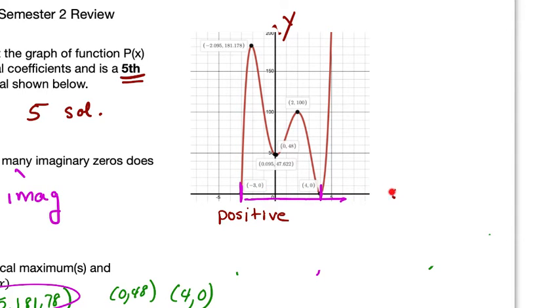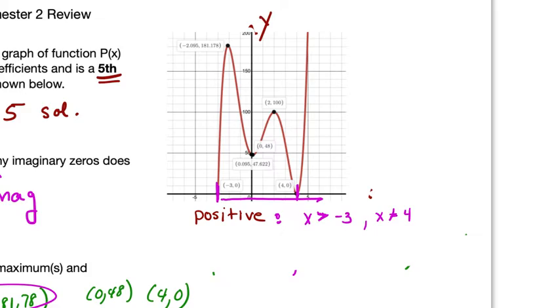And so the easiest way to write this one is just to say, hey, if x is greater than -3, comma, and x does not equal 4. That'd be a real simple way to write that inequality, because every x value greater than -3 works, except for the number 4, because that's where it equals 0.